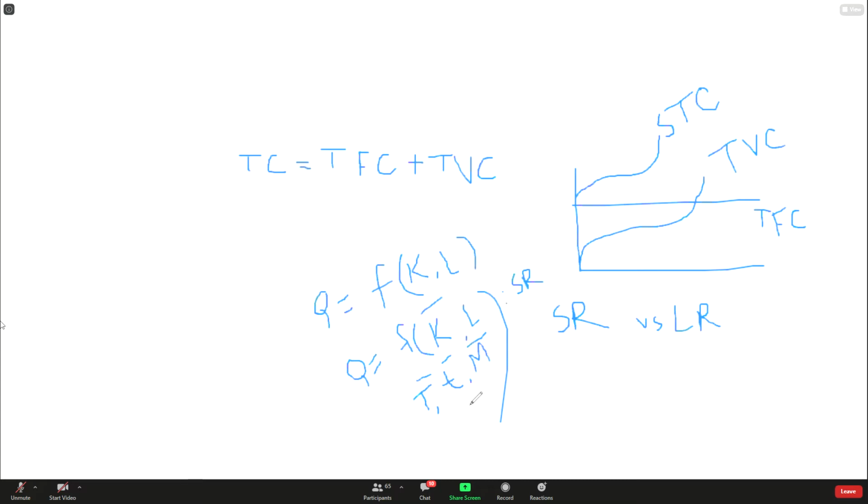So it means there can be more than one factor that is fixed, but at least one. Now tell me, is it a short run production function or not? Yes, it is short run because at least one is fixed.